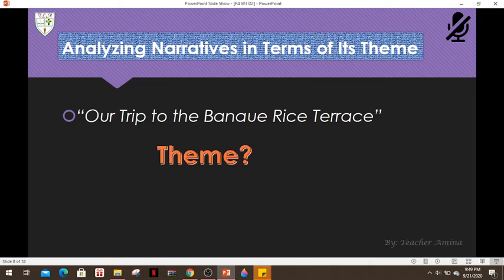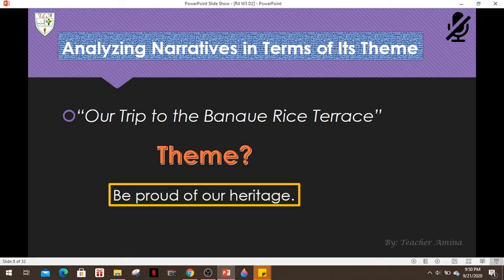It says there in the last paragraph, as we went back to the city, Father reminded us to always remember and be proud of our heritage. As Filipinos, we have not only the ingenuity, but also the will to create things that are valuable and beautiful. So the theme of the story is be proud of our heritage, be proud of our culture and our traditions, Filipino traditions.